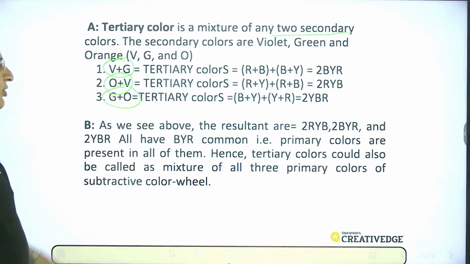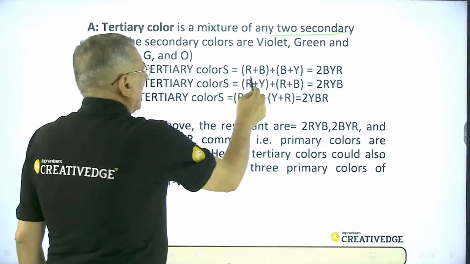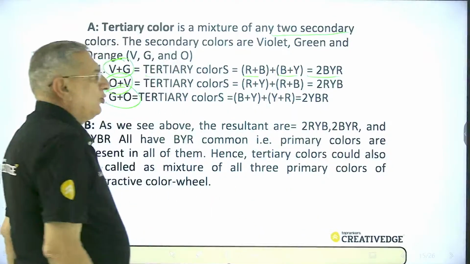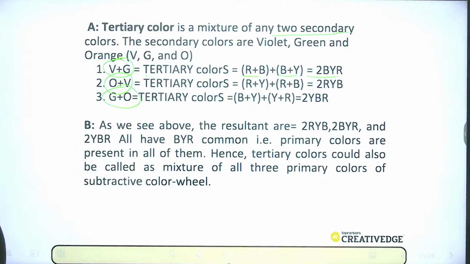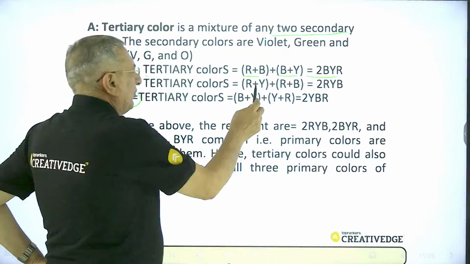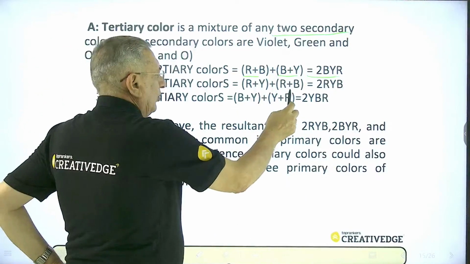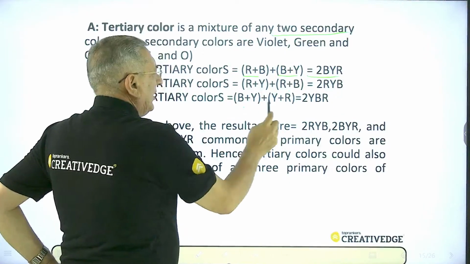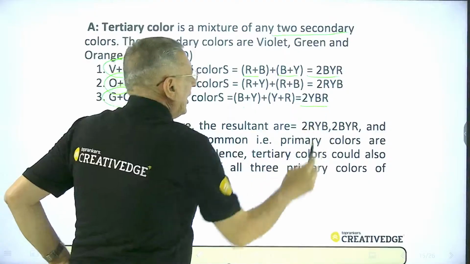Green plus orange, you get a tertiary color. If you further analyze it, it is RB plus BY. That means you are actually mixing two B, one Y, one R. Similarly, R plus Y, R plus B gives two R, Y, B, and Y plus B and Y plus R gives two Y, B, R.